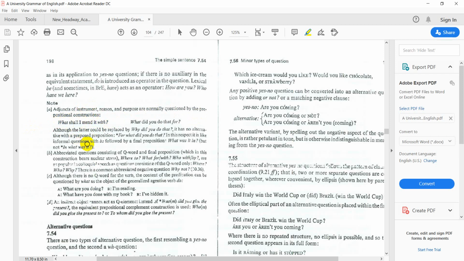Usually, if there is an adjunct of instrument, reason, or purpose, we use the question word with the preposition. Like in this example, what shall I mend it with? Mend implies some instrument. So I use a preposition here. Or what did you do that for? What is the reason for that? So I use a question with a prepositional construction. So you have to read it like this and read the other three.